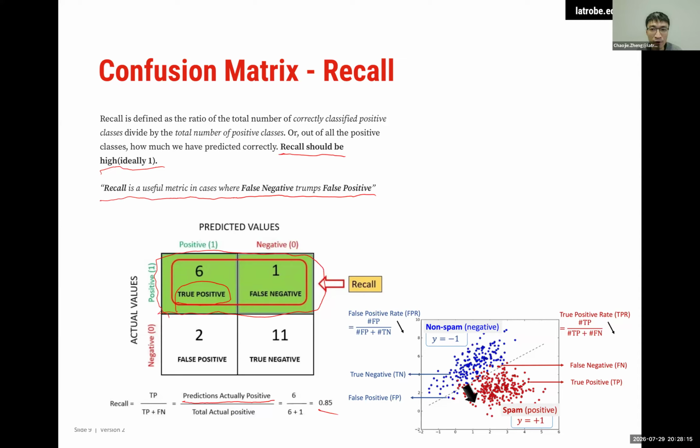And for situations where false negatives are costly, like medical diagnosis, where we want to find all the true positives, the truly sick patients, even if we may misdiagnose some healthy people, that is acceptable. In such a situation, we will prefer recall over precision.